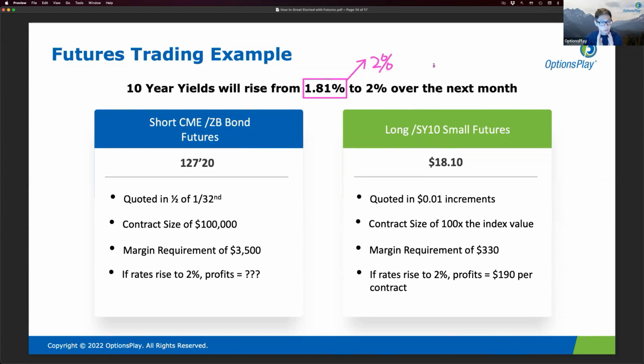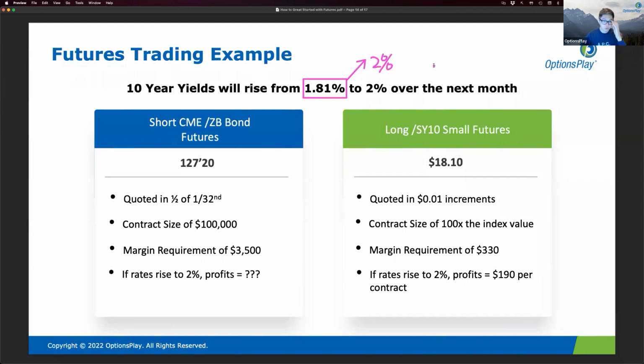But none of those are a direct trade on interest rates. There's only one way or two ways with traditional futures or futures products that you can bet on or trade the interest rate itself. Now, one, you can trade the bond futures because interest rates are calculated off of bond prices.